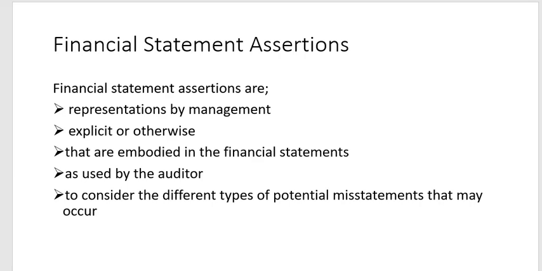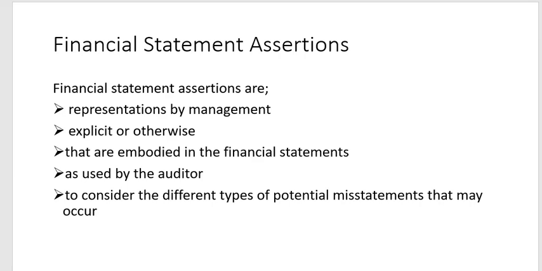That's assertions. In your book, they have said financial statement assertions are representations by management, which can be explicit or otherwise, that are embodied in the financial statements as used by the auditor to consider the different types of potential misstatements that may occur. That's the definition of the book.